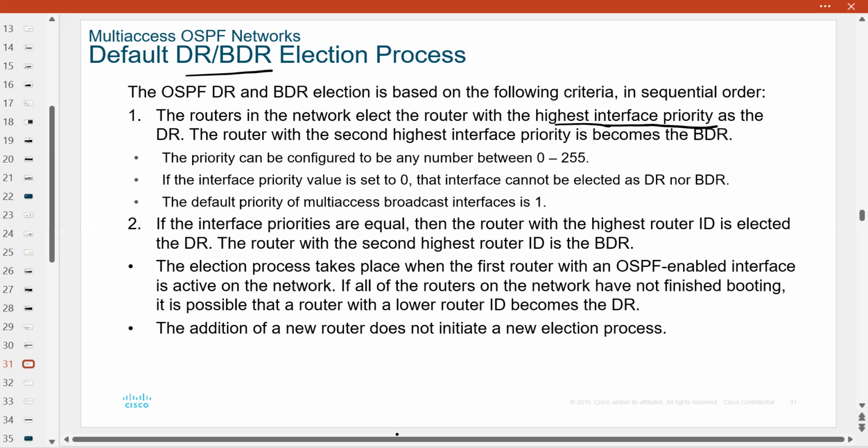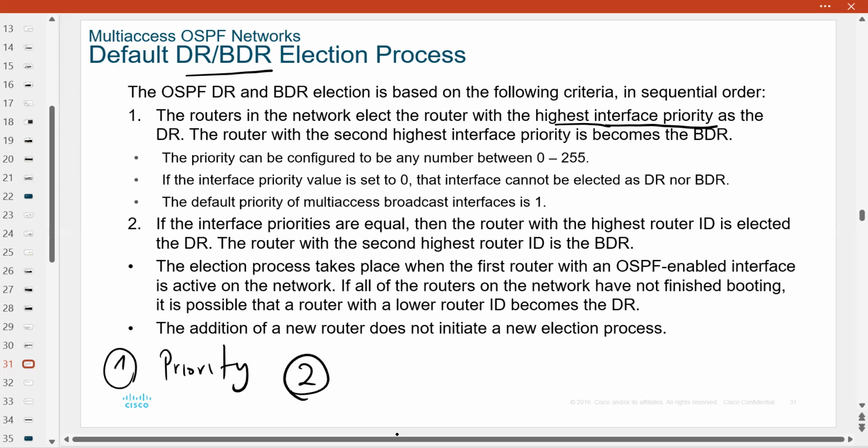So the router with the highest priority becomes the DR. If the priorities are the same, then we look at the router IDs. The one with the highest router ID becomes the DR. The second becomes the BDR. I think it's simple to explain. So summarizing, number 1, we are now looking at the priority.